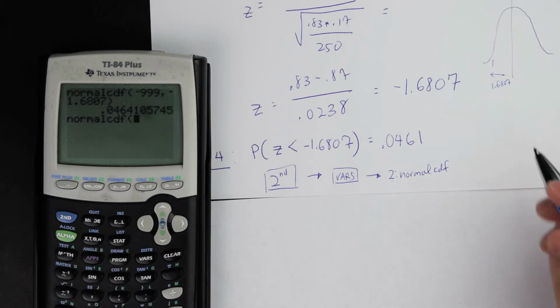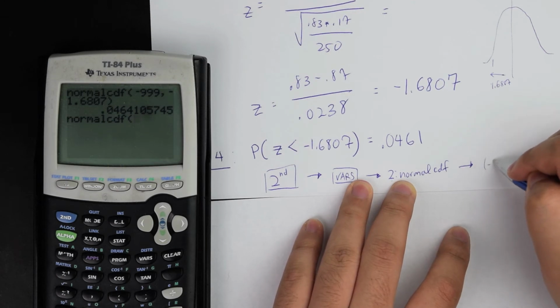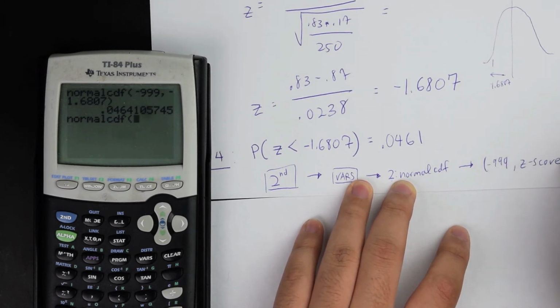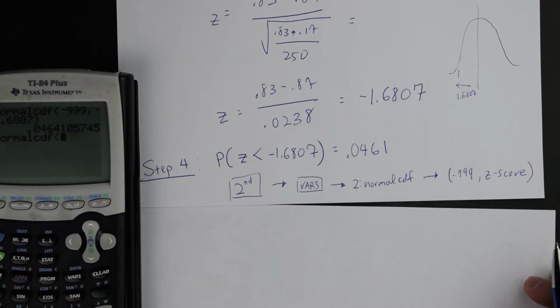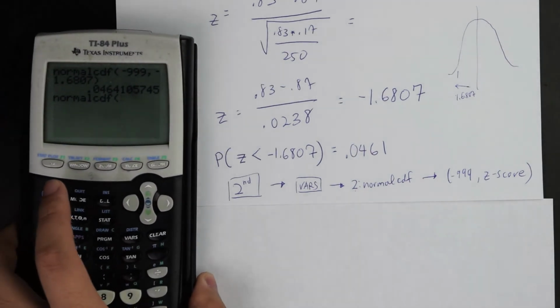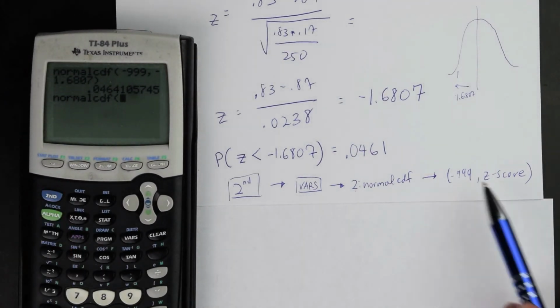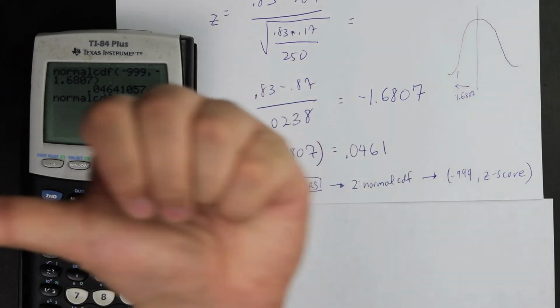Afterwards, I'm going to put negative 999 into here. So I'm going to punch in negative 999, comma, the z-score. And I'm going to explain why I'm typing specifically negative 999 and then the z-score. Because the question is relative to me going left right now, what I intentionally do is put negative 999. What it does is force the calculator to go leftwards.